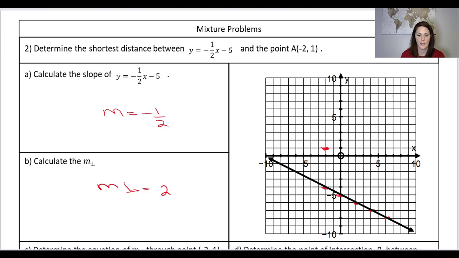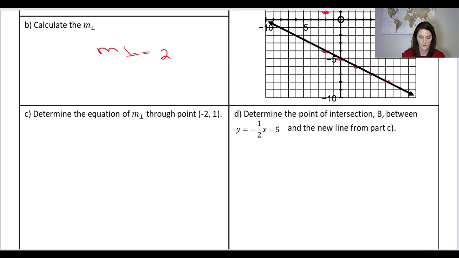So we're going to go ahead and determine the equation using our slope perpendicular and the point A, (-2, 1). So y is equal to 2x plus b, and I'm going to sub -2 for the x. Y is going to equal 1.